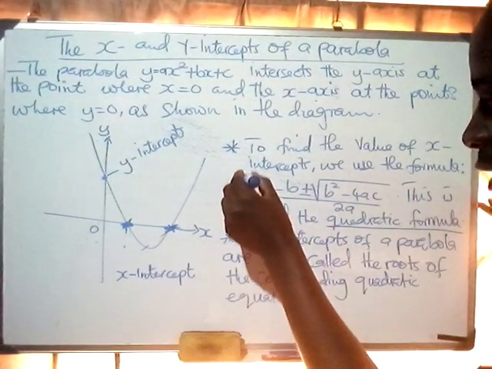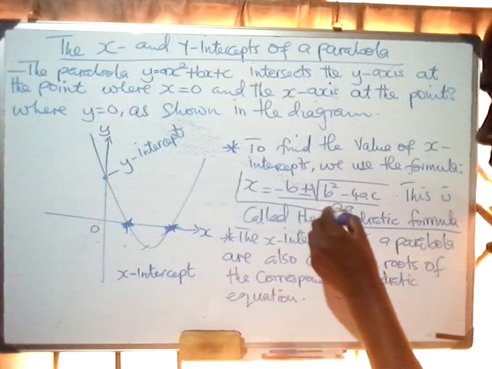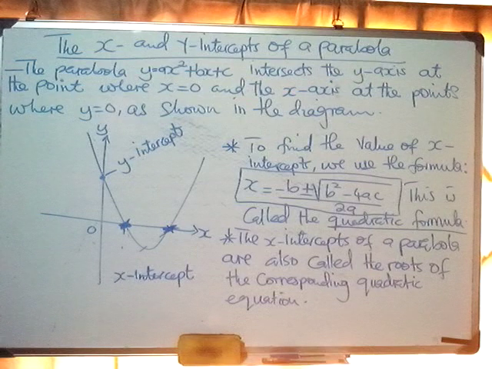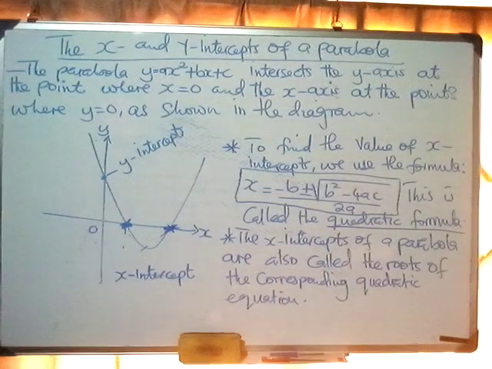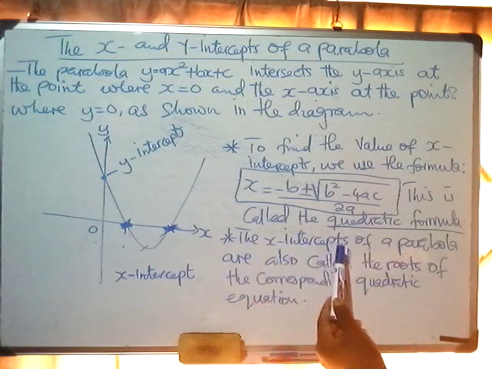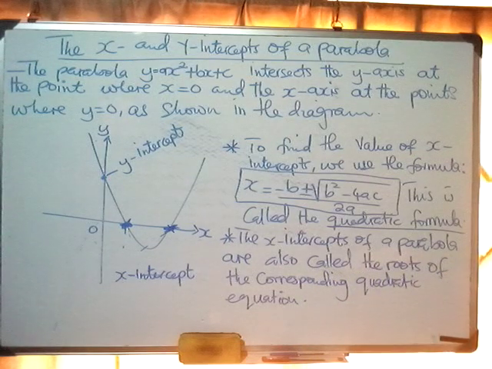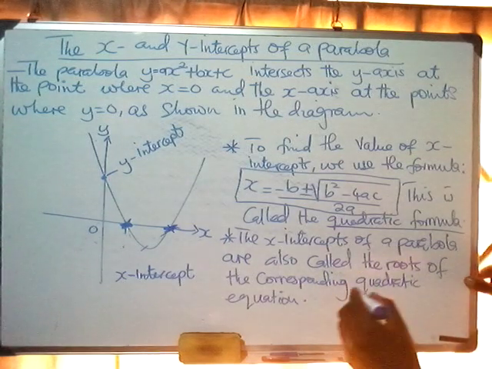So we use this formula to find the x-coordinates, or the x-intercepts, of that quadratic function. The x-intercepts of a parabola are also called the roots of the corresponding quadratic equation.